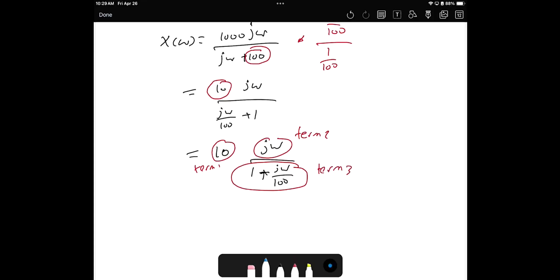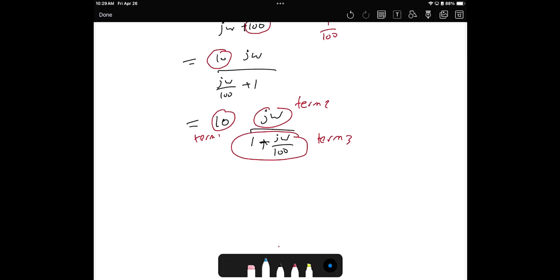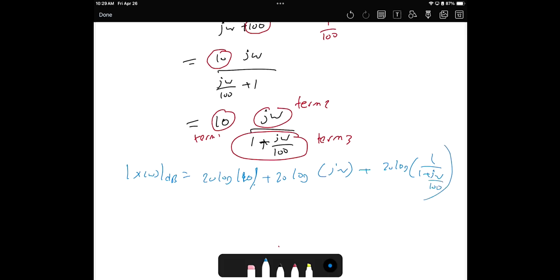So in order to find X of omega in dB, it is 20 log of 10 plus 20 log of j omega plus 20 log of 1 over 1 plus j omega over 100. Okay? So again, this is term 1, this is term 2, this is term 3.